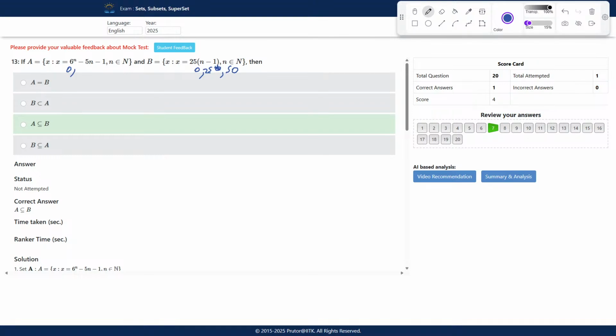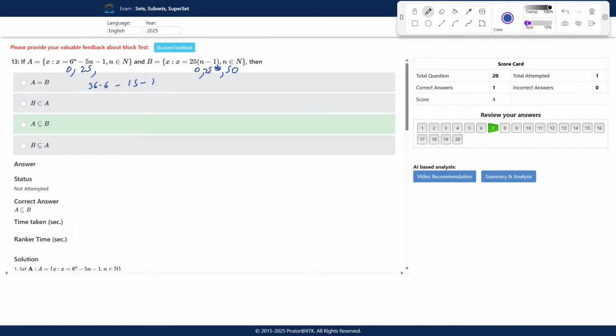For n equals 1, we have seen we are getting 0. For n equals 2, 36 minus 10 minus 1, meaning 36 minus 11, meaning 25. And next will be what? Very simple, just evaluate. So 36 times 6 minus 15 minus 1, using n as 3.